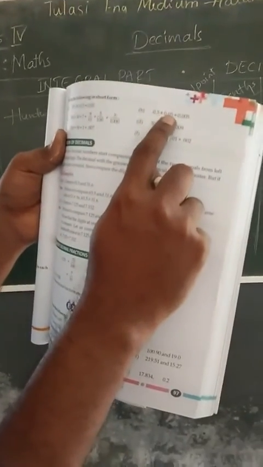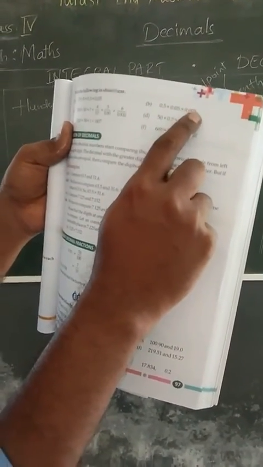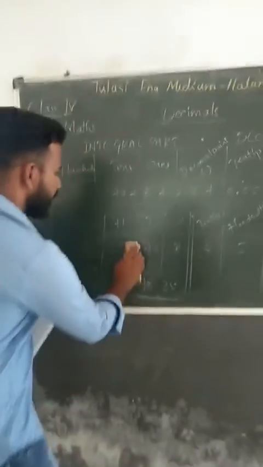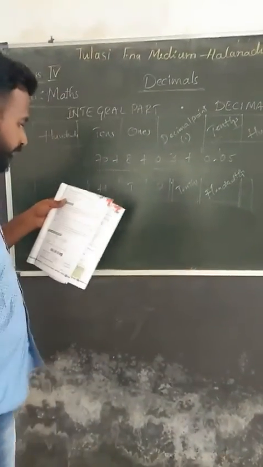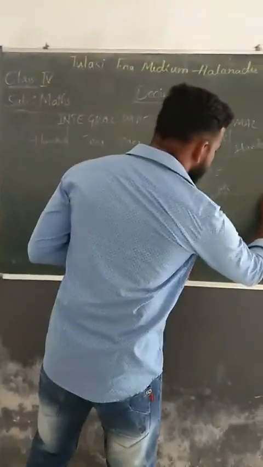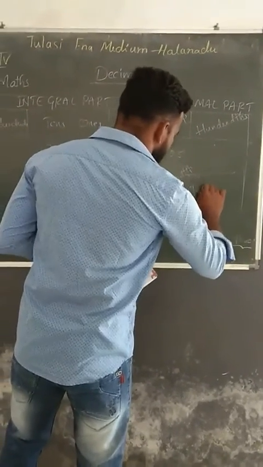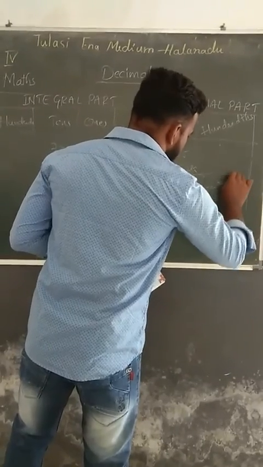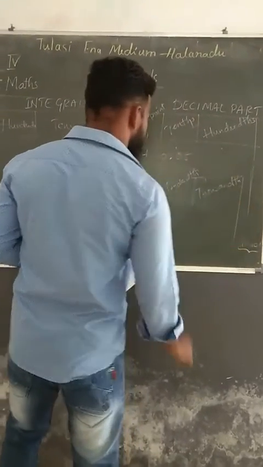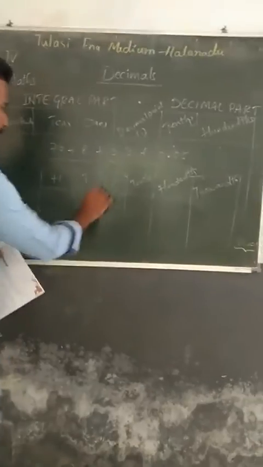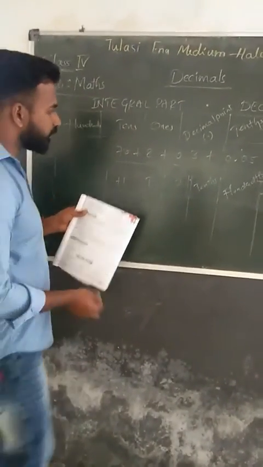Same here: 0.5 plus 0.05 plus 0.005. We have to add one more place, thousand.